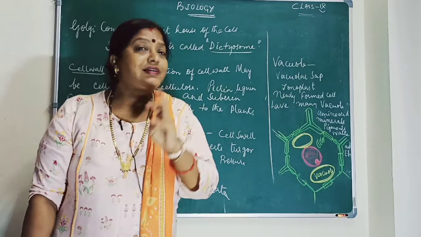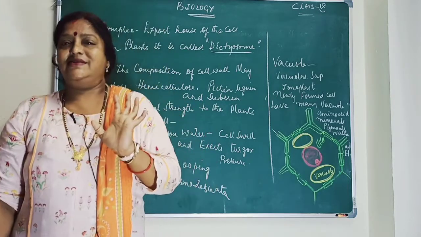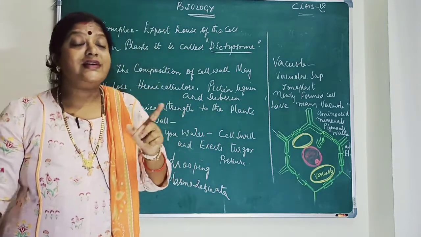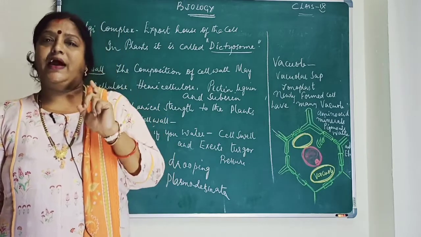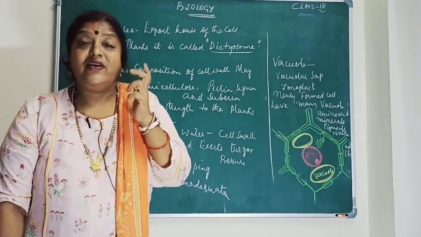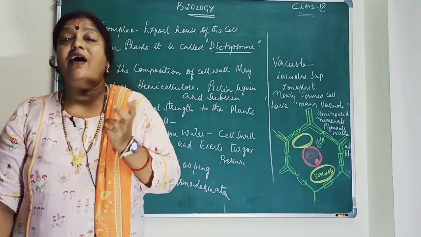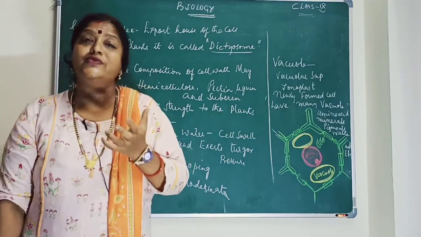Understood? The third organelle is plastids. Plastids are special organelles present only in plants. The different colors in the leaves, flowers and fruits are all because of the plastids.